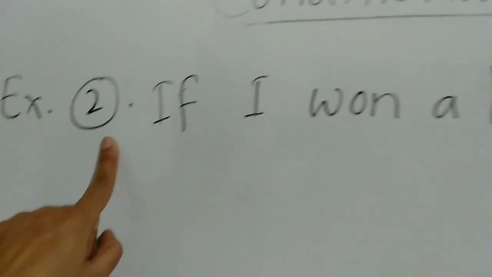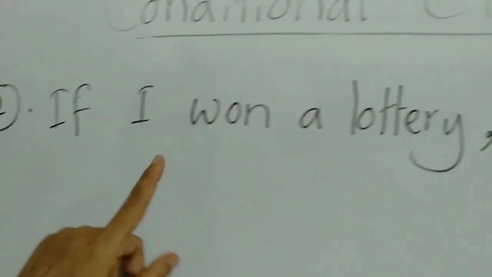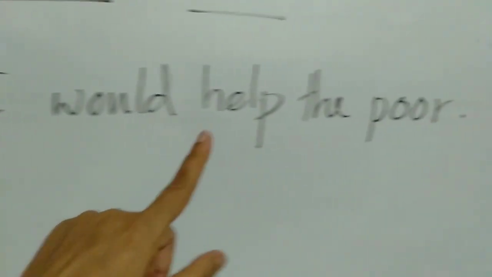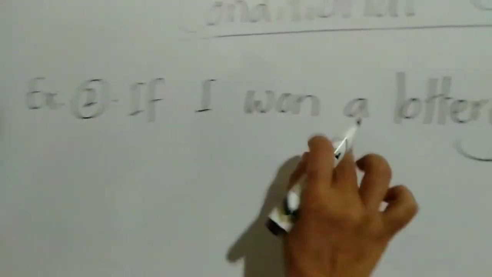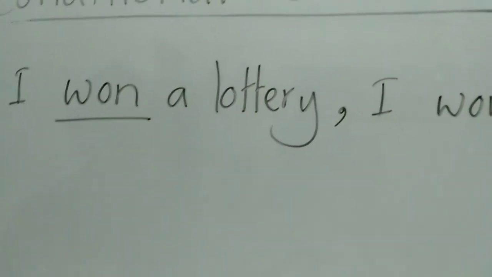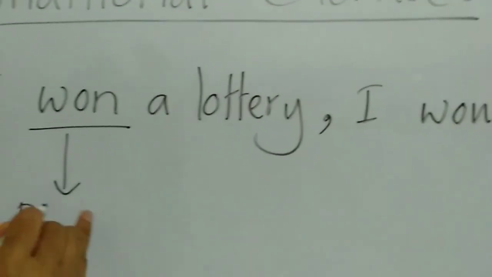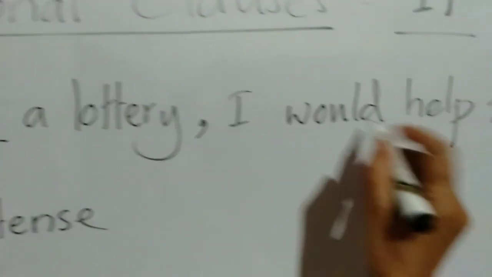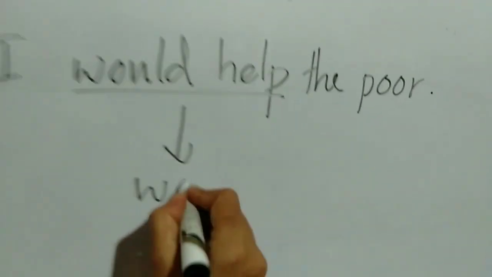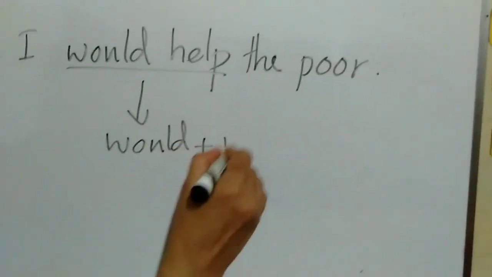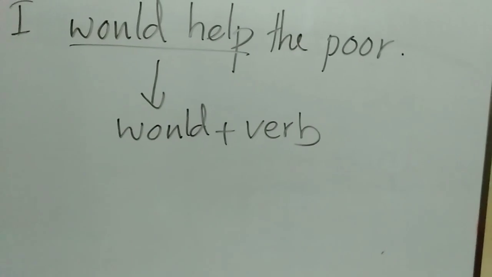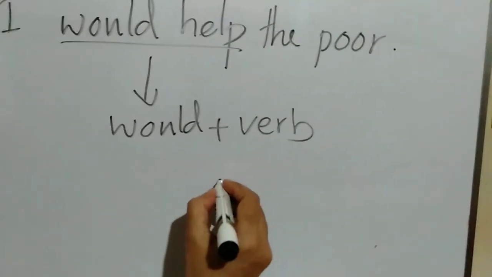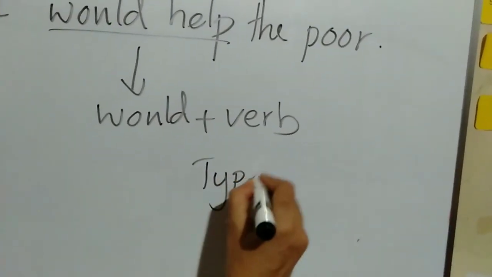Another example, number 2. Let's see this. If I won a lottery, I would help the poor. See the verbs. If I won a lottery: the if conditional clause, past tense. The main clause, would plus verb. Then you can understand this is if type 2.